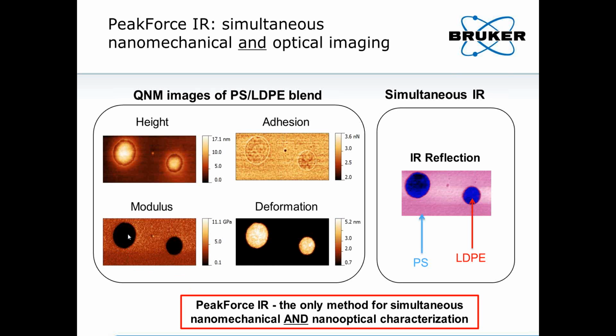In this particular example, the LDPE, which is the circular region, has a much lower modulus, which is suggested by the name, low-density polyethylene. And in infrared reflection, in this particular example at 1900 wave numbers, we see that it also happens to have a lower infrared reflection, which could be used to measure something about its optical properties at that frequency, for instance, its index of refraction.